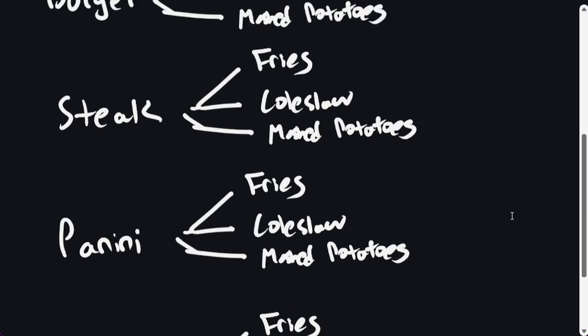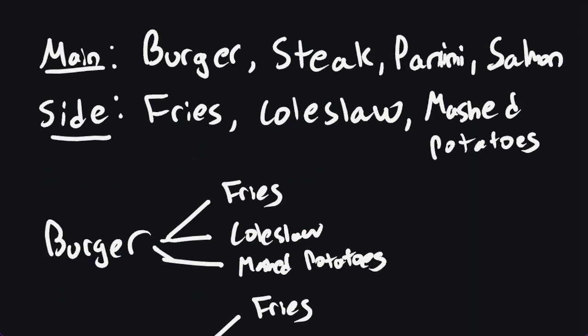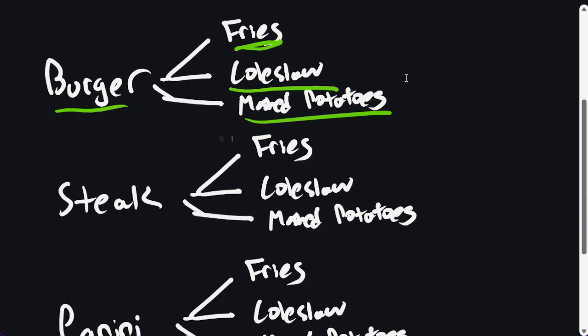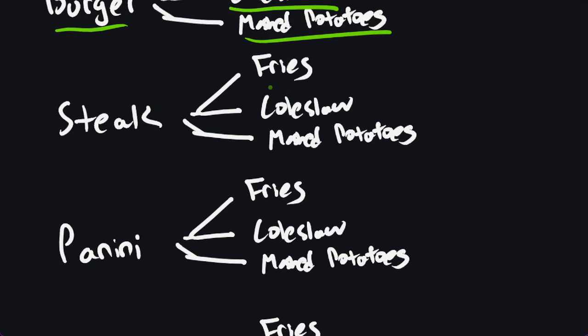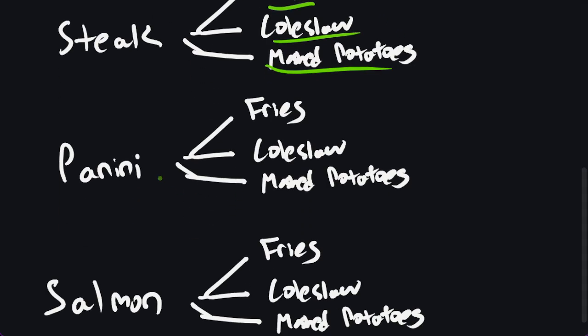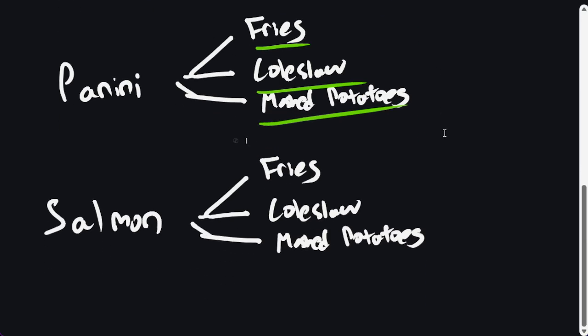Okay, so what do each of these mean? This part of the tree means that you'll have a burger with fries. That's one meal. This means you'll have a burger with coleslaw, or you can have a burger with mashed potatoes. You can have a steak with fries, steak with coleslaw, steak with mashed potatoes, panini with fries, panini with coleslaw, panini with mashed potatoes, and same thing for the salmon.